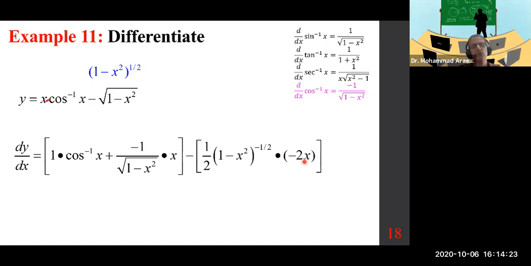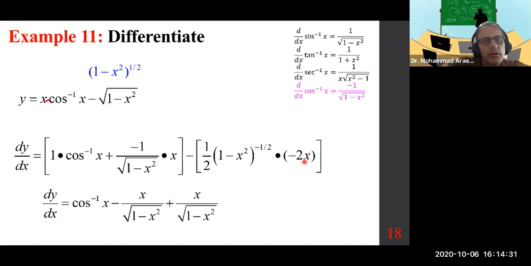So all you have to do, rewrite everything very carefully. Notice, this is cosine inverse. This one has negative sign, you put it here. X comes at top. This one, negative 1/2 and negative 2 cancel each other, they give us plus.